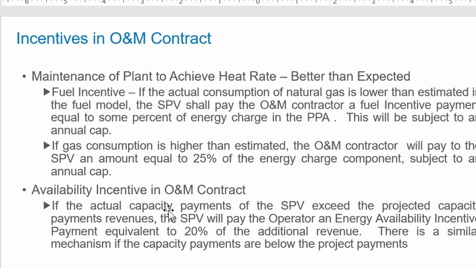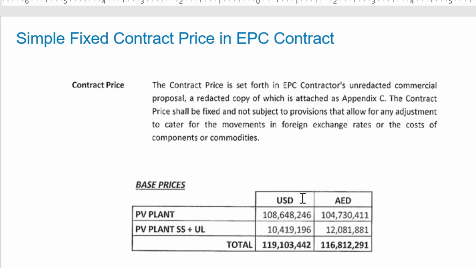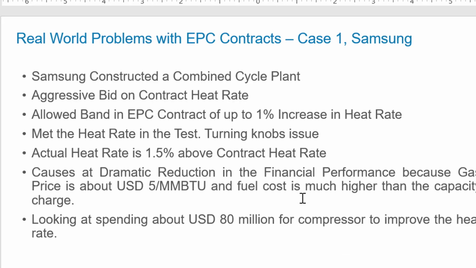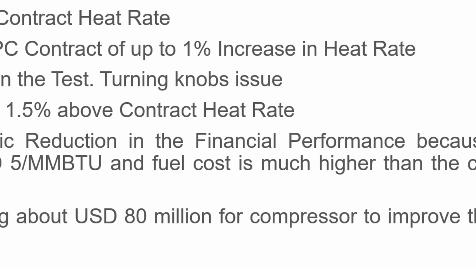Again, I use an example of a heat rate in here, and there's an incentive if you do better, and if it's higher, it's capped. I do have some examples of some of these things, and they're not nearly, of course, as straightforward as I'm making them sound.